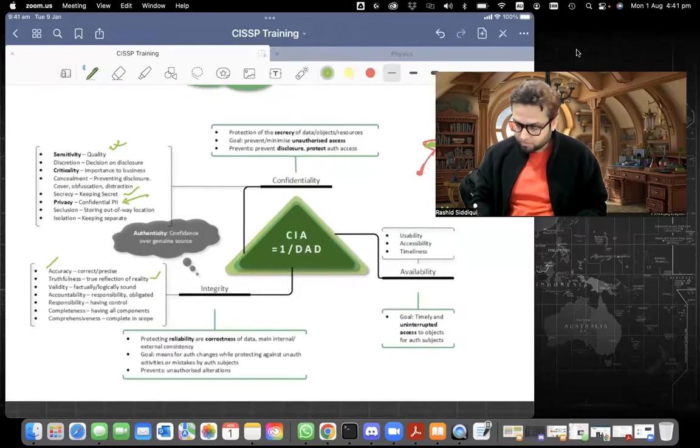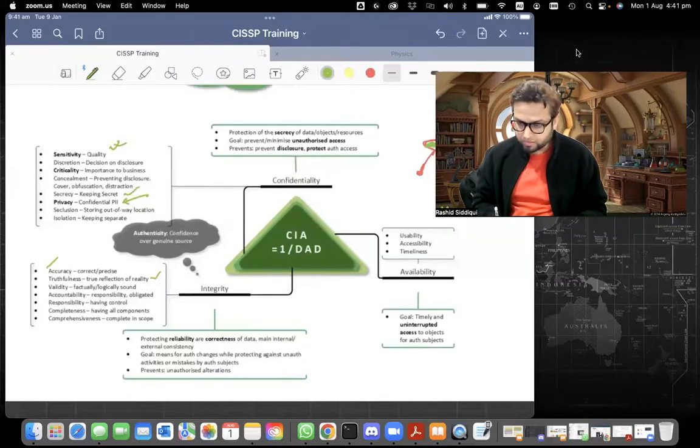What is the goal of availability? It is timely and uninterrupted access to the objects for authorized subjects. So the subject and object relationship should be in a way that the data which is intended by any subject should be available.